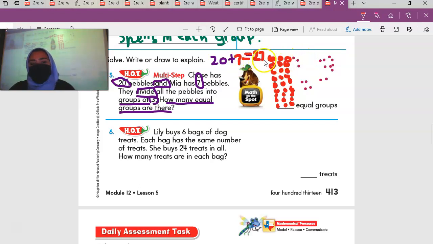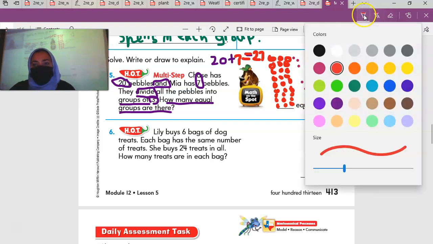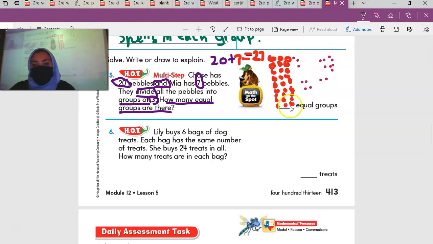They want us to put them in groups of 3. That's 1 group, 2 group, 3 group, 4 group, 5 group, 6 group, 7 group, 8 group, 9 group. So the question is, how many groups are there? There are 9 equal groups. And just ignore this. I tried to erase it, but it doesn't want to go away.